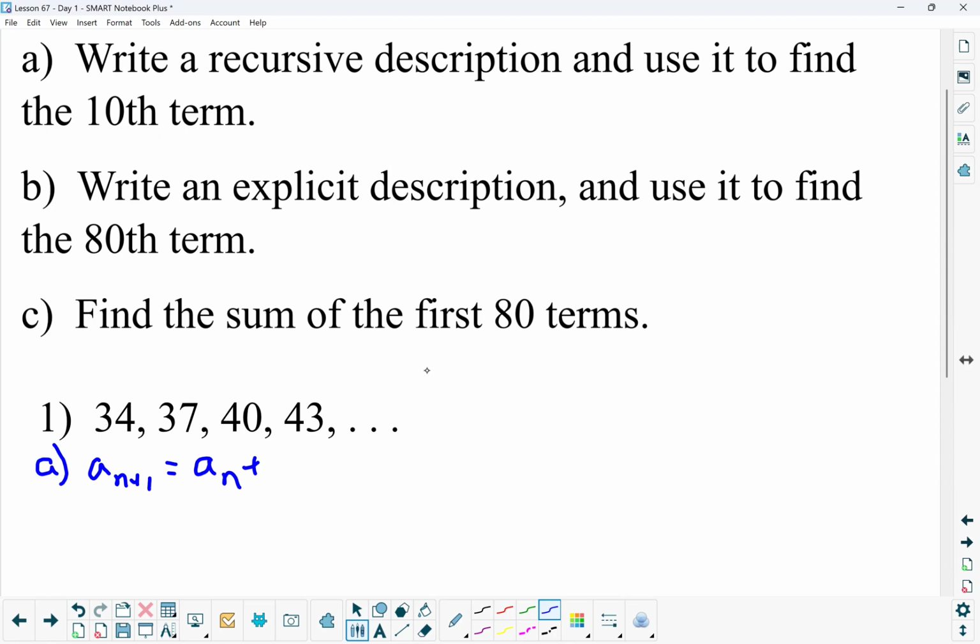So I'm going to take 37, and then I subtract from the previous, minus 34. So my common difference is 3. The last thing we need to do with a recursive definition is say that we're going to start, A sub 1 is going to be 34. That's where we're starting.